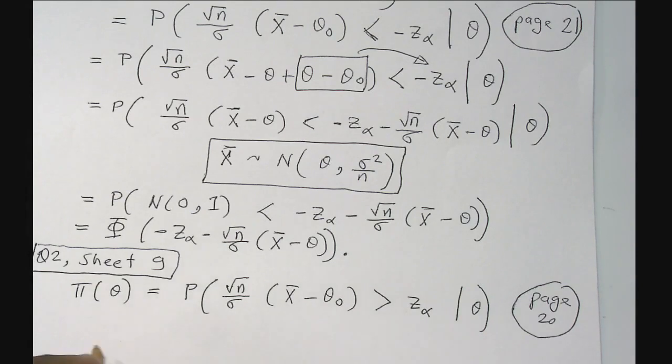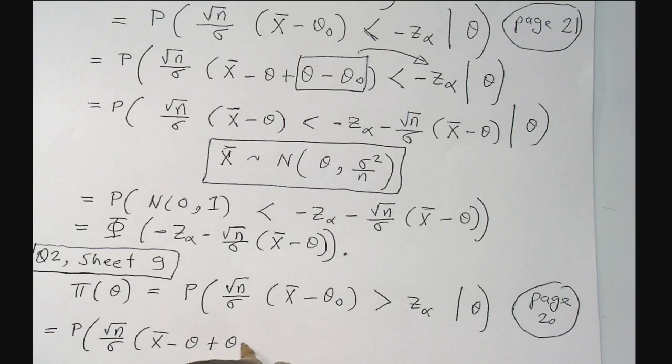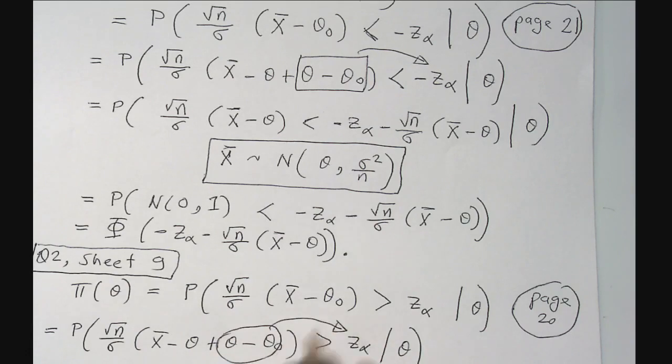And now you simplify this in the same fashion as question 1. So the first step is to replace theta 0 by theta. Then take these two terms to the right hand side.